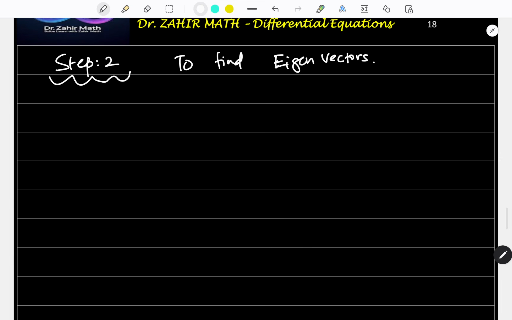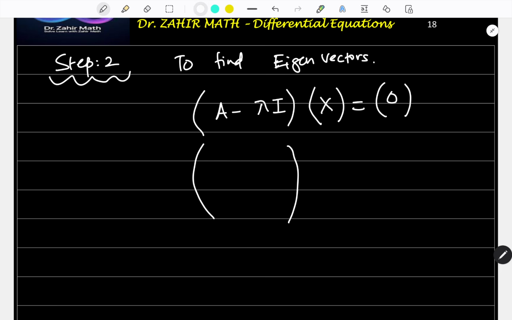How to find eigenvectors? What is the formula? Matrix A minus lambda I times X matrix is equal to 0. Right, I told you in the class itself, the change happens in the diagonal. So the matrix is 1, 2, 4, 3. Am I right? Yes.